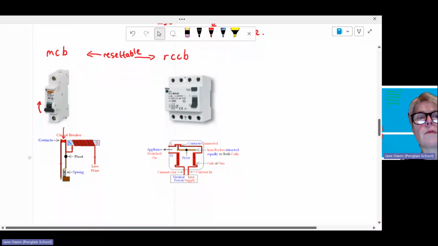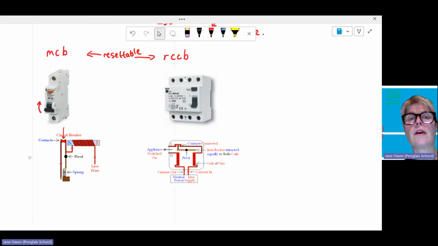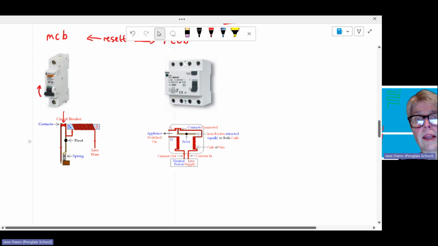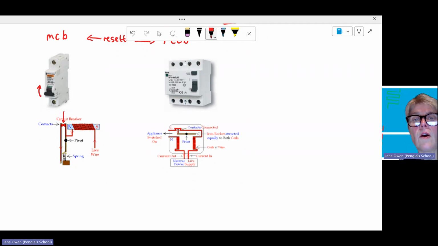The miniature circuit breaker is quicker acting, but the residual current circuit breaker is very, very sensitive, because it has two electromagnets, basically, one on the neutral and one on the live, and it senses a difference between the currents in the neutral and live wires.